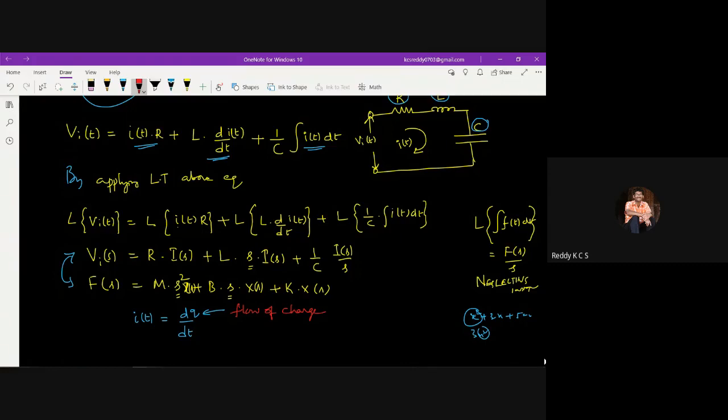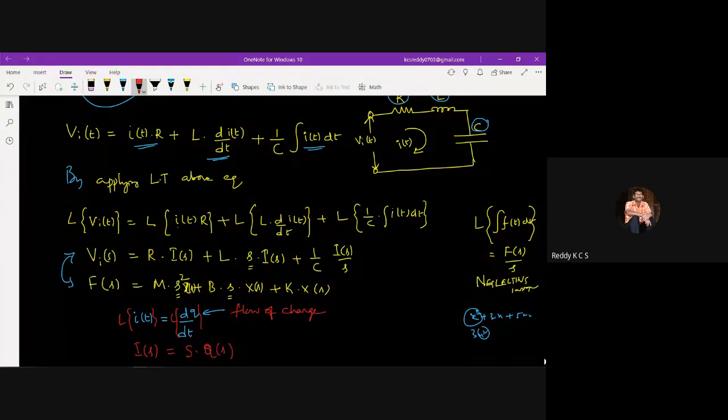So from this equation, I(s) is equal to, because it is d by dt of q, a first derivative, if I apply the Laplace transformation on both sides, the Laplace transformation of d by dt of q(t) becomes s into Q(s).